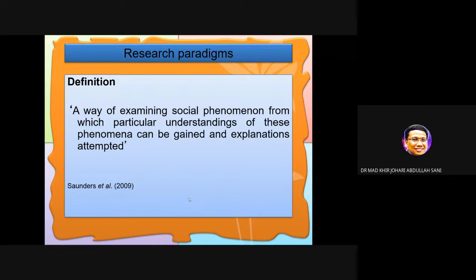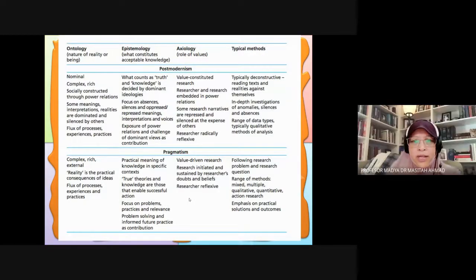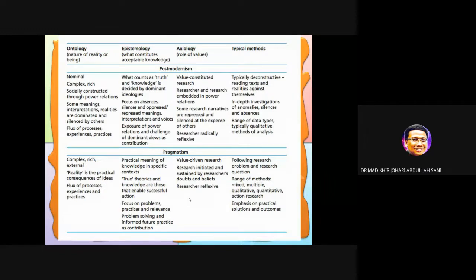For the previous slide, can you go back to the previous slide? This one. We're talking about postmodernism and pragmatism. Some scholars like John Dewey give the same direction, which is that postmodernism and pragmatism can go together. That means there is not much difference between them. You can choose either one, whether postmodernism or pragmatism.